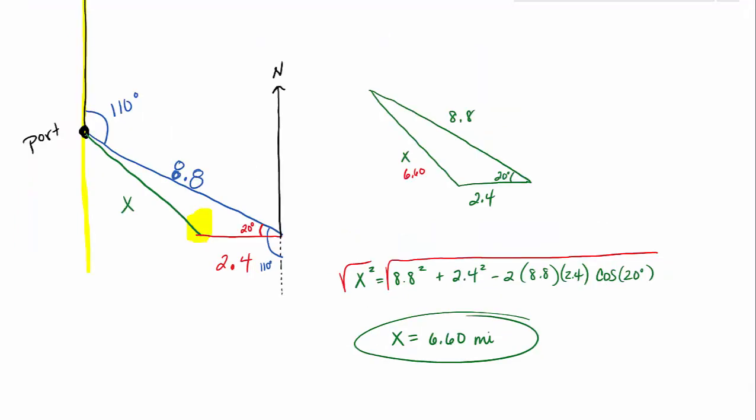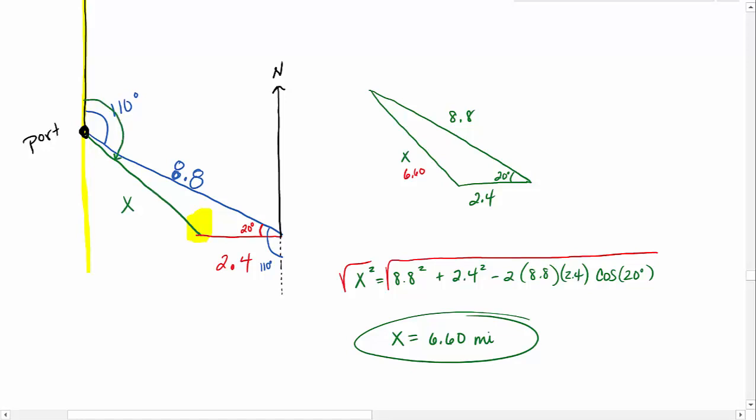Next, we want to find the bearing from port. So if we're looking at port, we're standing at port, and then what is the bearing to our luxury liner? So really what we're looking for is this big angle here. I'm going to use a different color. Here we go. We want to find this big old angle there.